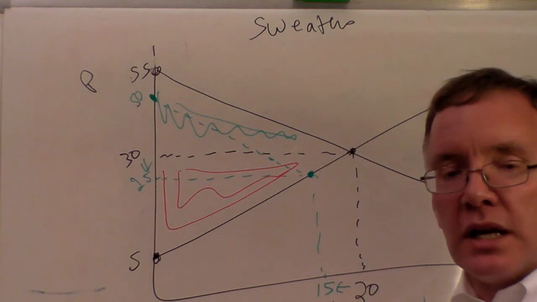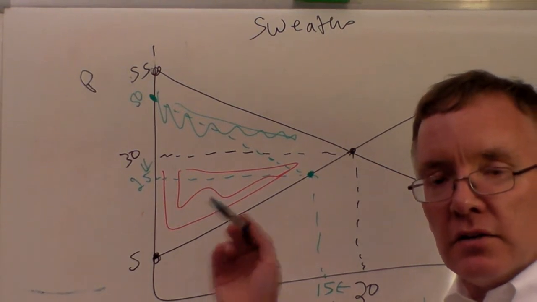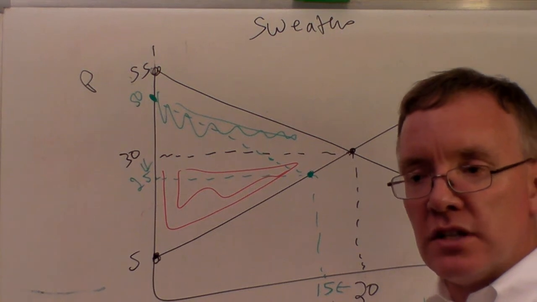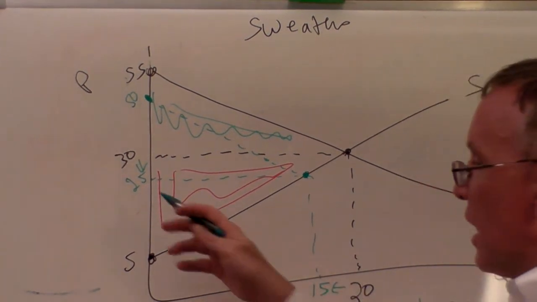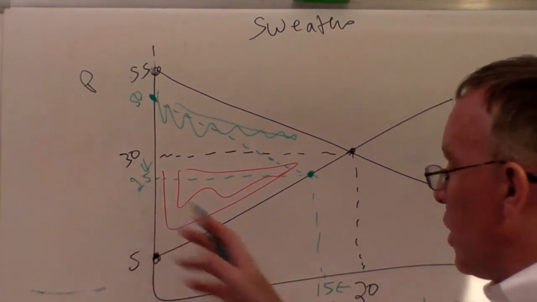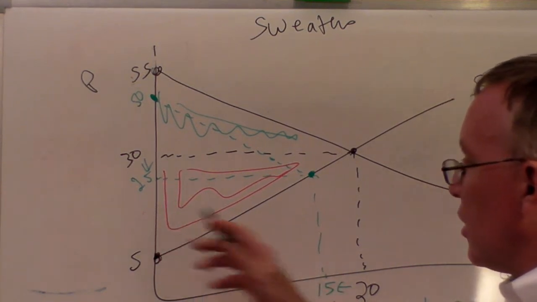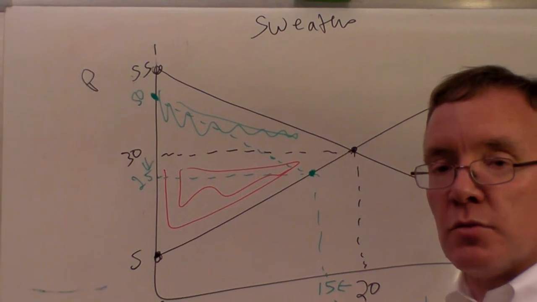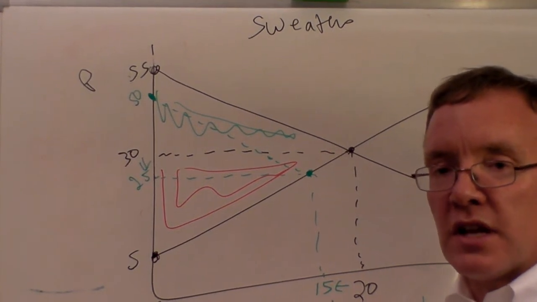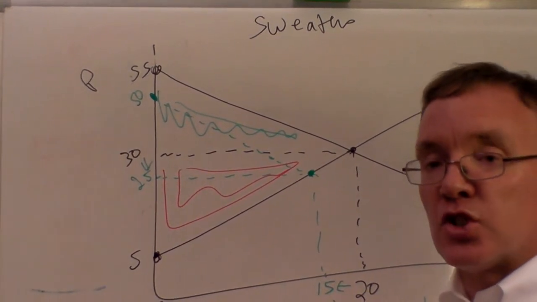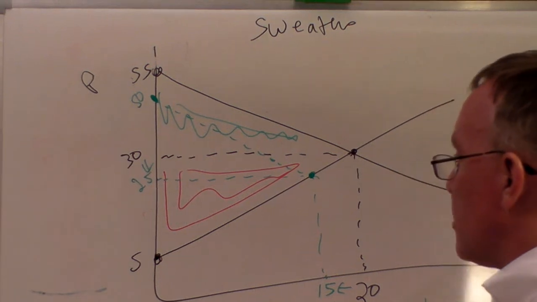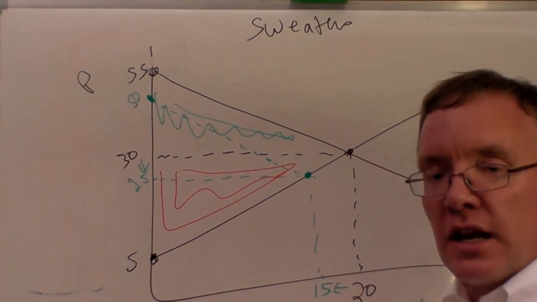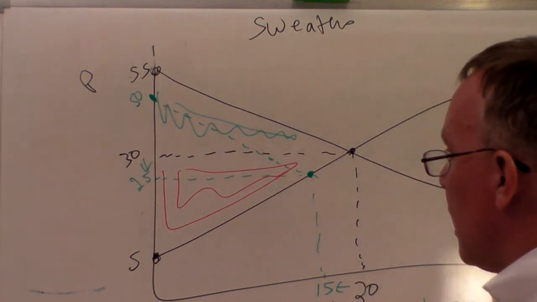That's what happens when a demand curve comes in, when the price of a substitute decreases, demand falls, and we're going to end up with a lower quantity and a lower price. And now we can think about what's happened to the consumer surplus and the producer surplus in terms of the sweaters. The first thing to realize is that our producer surplus has really taken quite a hit.